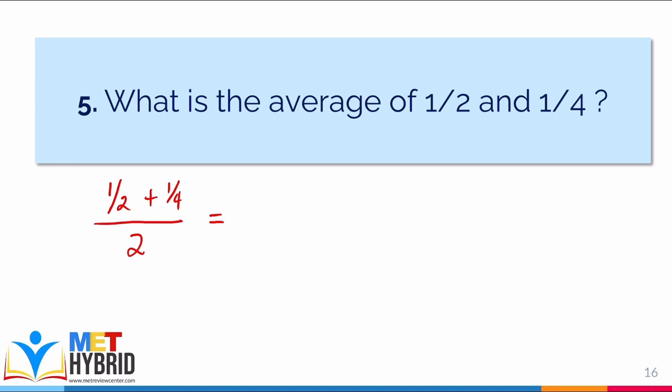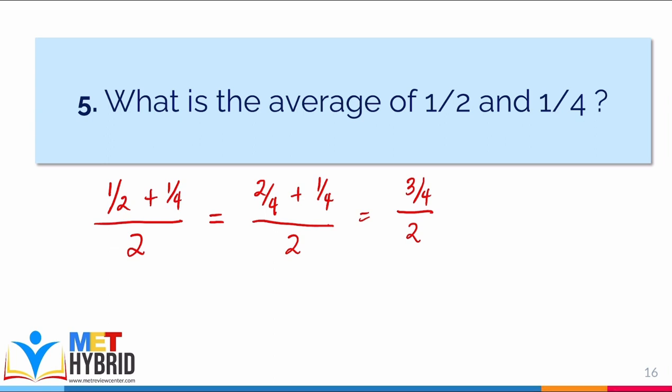We solve for the LCM of 2 and 4, or change the fraction 1/2 in such a way that its denominator will be 4. So instead of 1/2, we write 2/4. 2/4 plus 1/4, divide by 2. The result is 3/4 divided by 2.